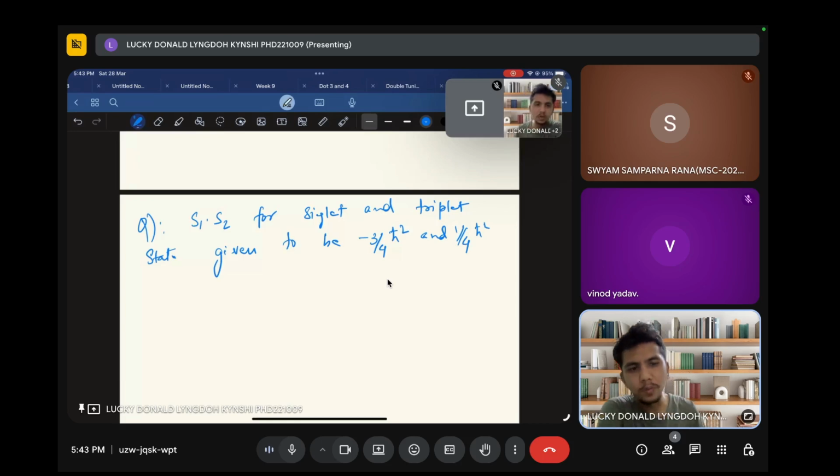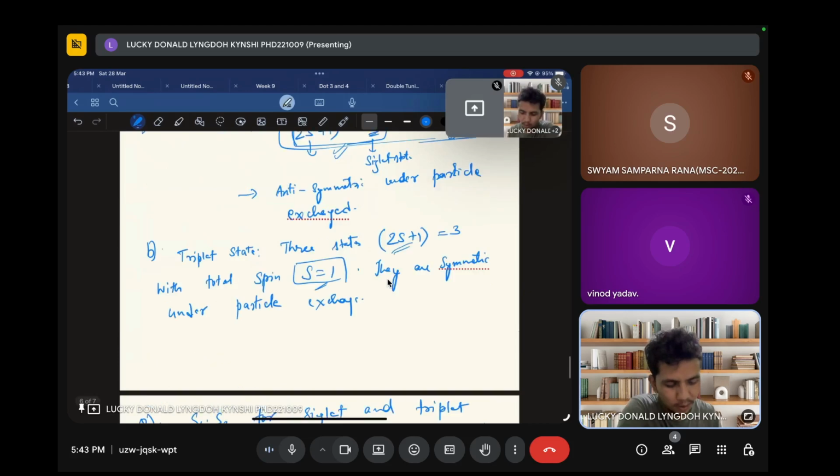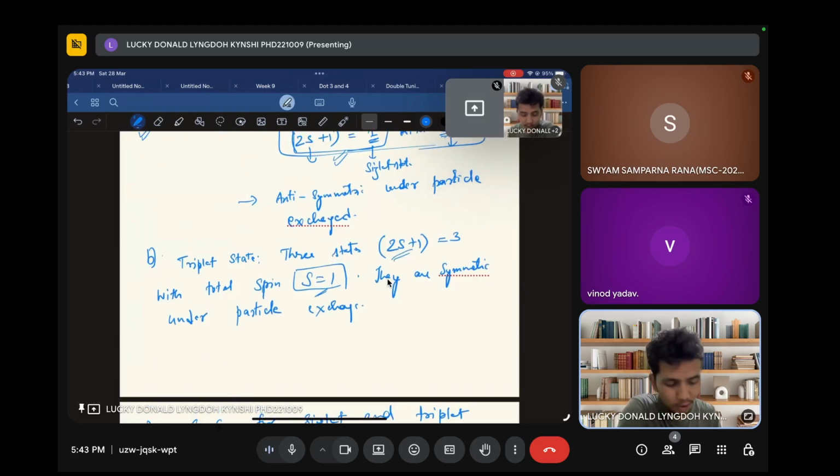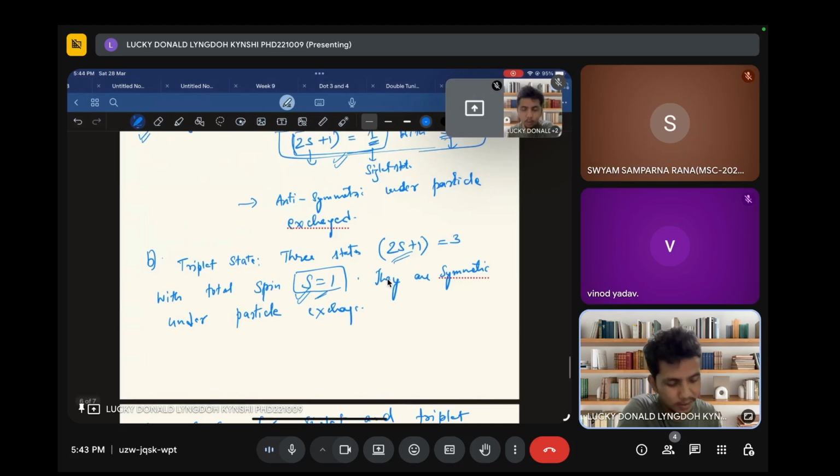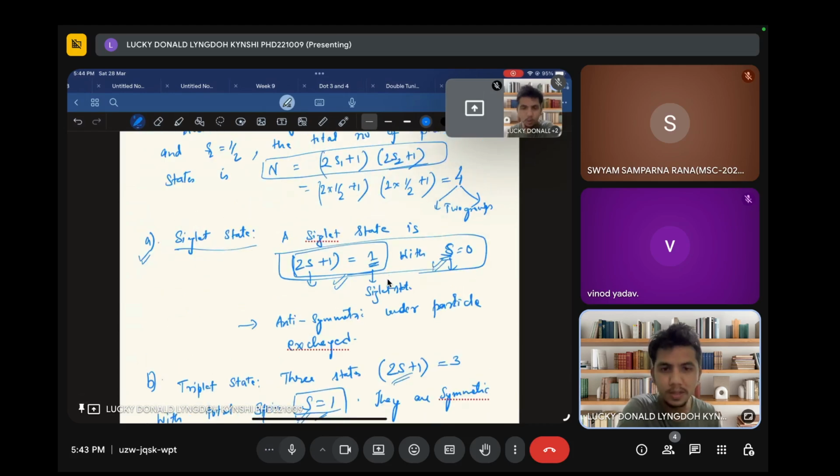Okay, so now you know that there are four possible states, and one is called a singlet, and three other states are called a triplet state. The triplet state is obtained by capital S equal to 1, whereas the singlet state is obtained by S equal to 0. This is the total spin.